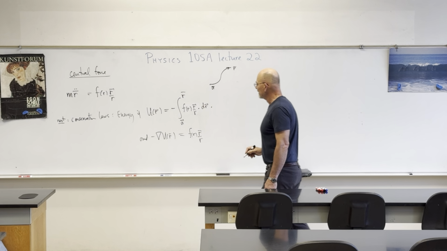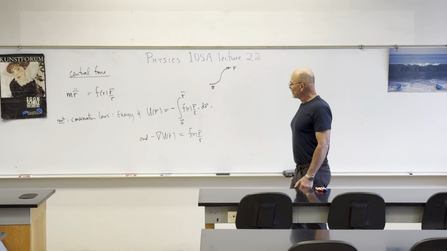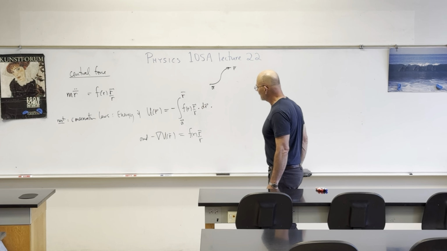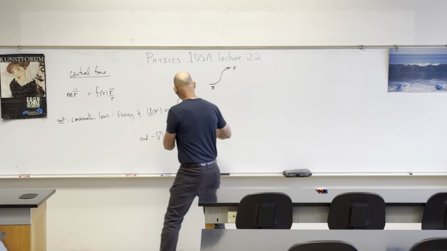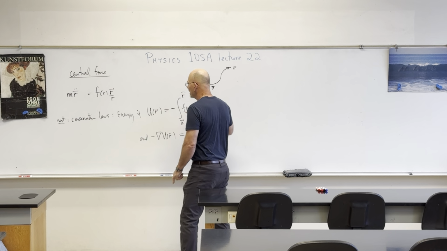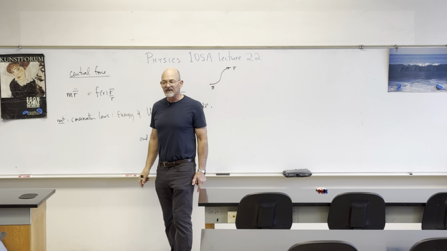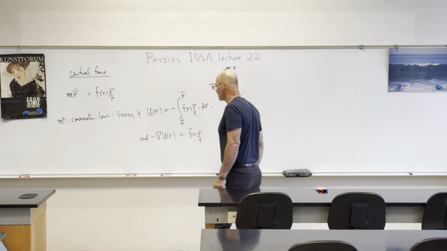Because then we'll have the same proof that we have for energy in one dimension. So for the conservation law, energy, you have to be able to have a potential energy. And in fact, a true central force always does have a potential energy function of that form.